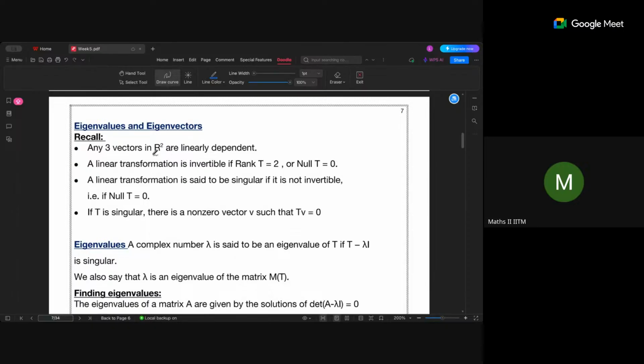Any three vectors in R2, remember that they are linearly dependent, right? And a linear transformation T is invertible if rank of T is equal to 2 or null of T equals 0, right? And a linear transformation is said to be singular if it's not invertible.